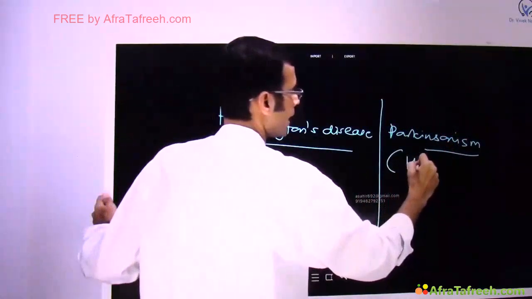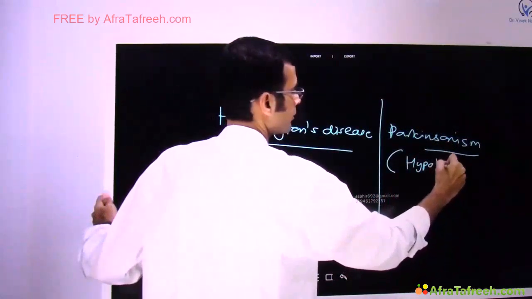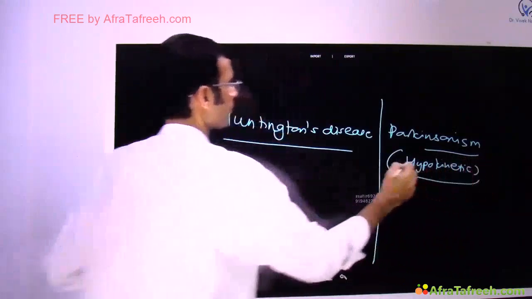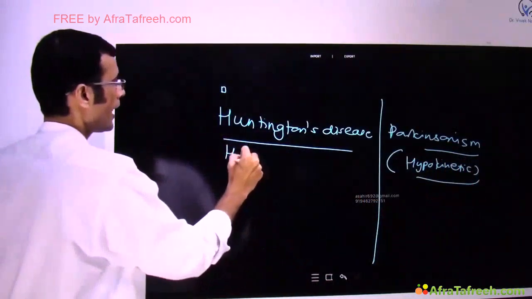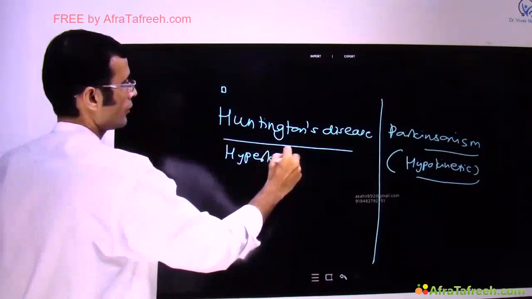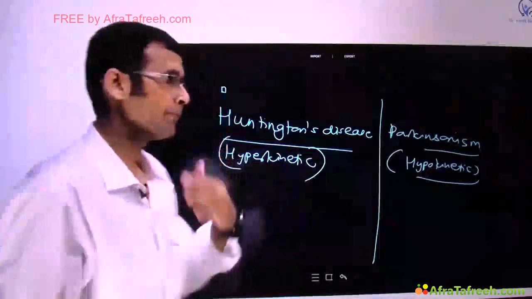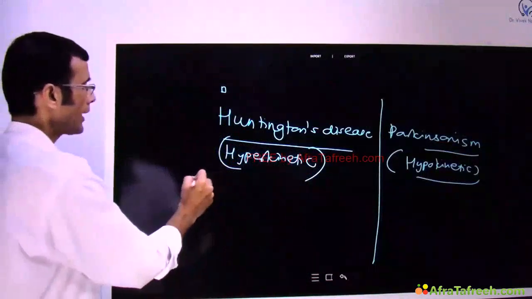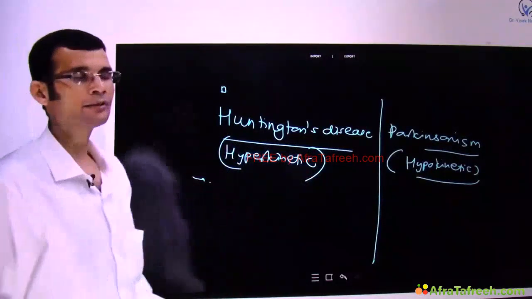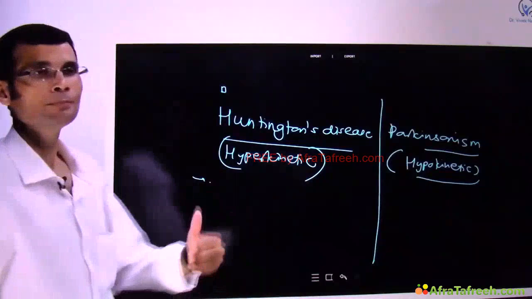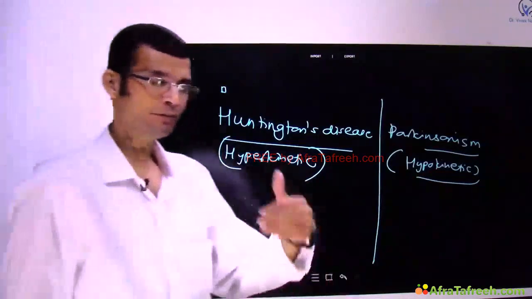Parkinsonism is a hypokinetic disorder. Movements are lost. Huntington's disease is the hyperkinetic disorder. Excess movements are seen. Huntington's disease is because of the Huntington gene.